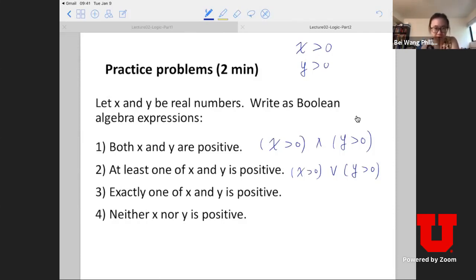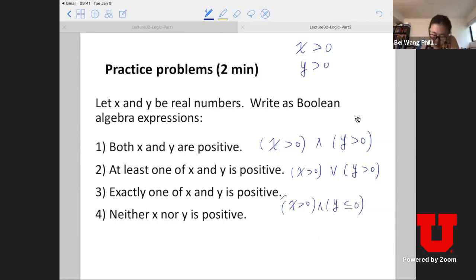Again, this is where you can pause it and think about how you would solve it. The way I would write it, exactly one of them is positive can be broken down into two situations. One is only x is positive, and one is when only y is positive. So what does it mean when x is positive? That means x is bigger than 0. But then, of course, y cannot be positive, so y is smaller or equal to 0.